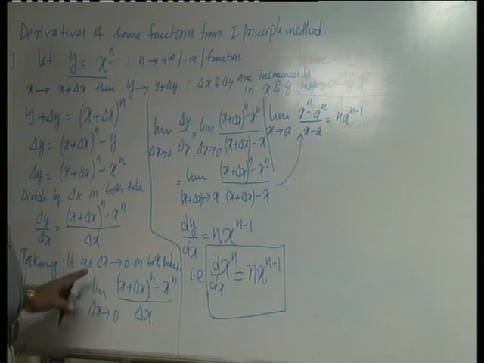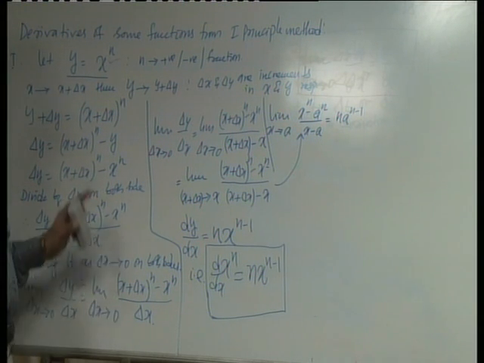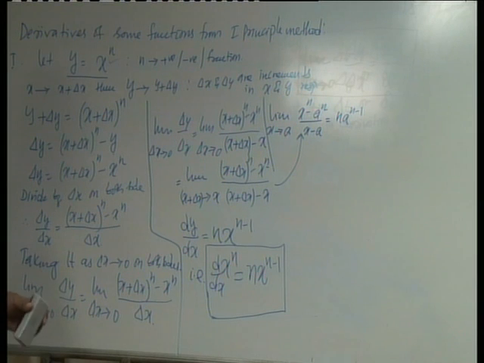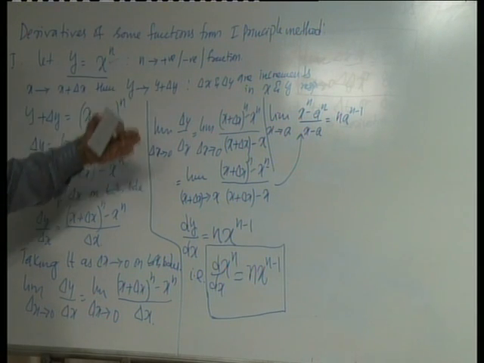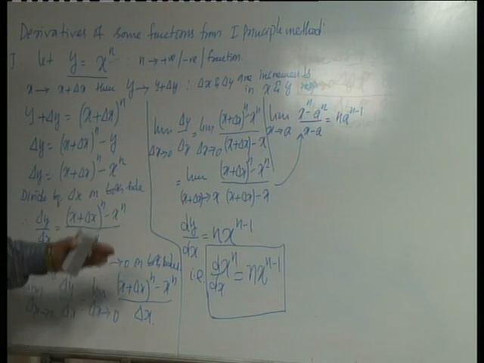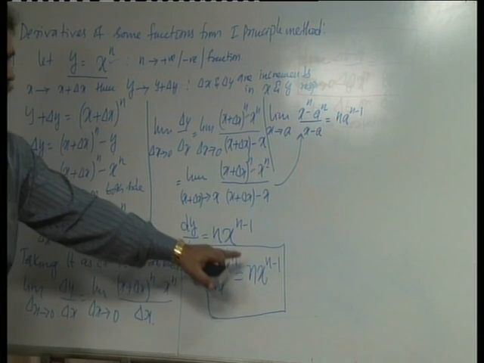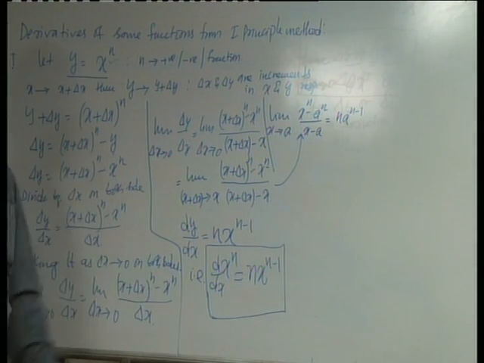This is the procedure we have to follow to get the derivative of any function. Now, you got it. What is differentiation? Differentiation is nothing but the procedure we have to follow to get the derivative of a function. That is why I mentioned that differentiation is the phenomenon of getting the derivative of a function.